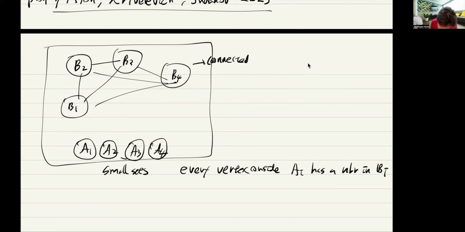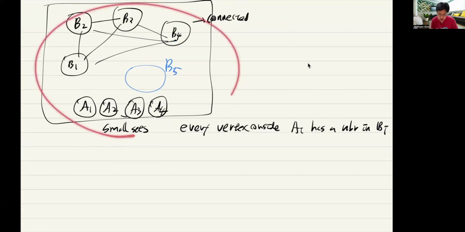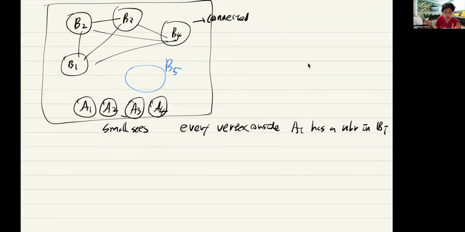Then, as long as your new set D5 does not entirely lie inside one of the Ai, that is, it contains at least one vertex outside of Ai, you get an edge. So that's roughly how we want to show it.